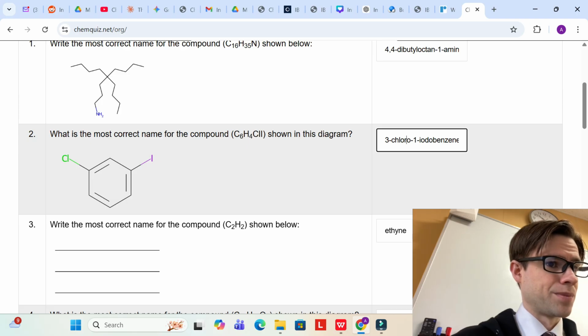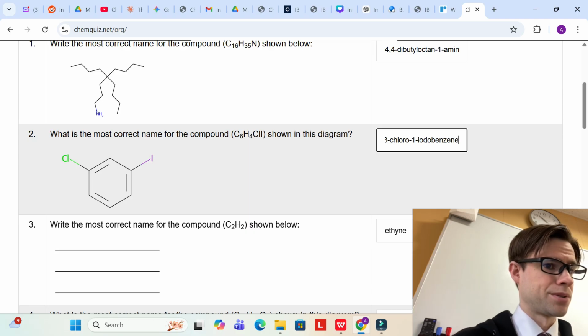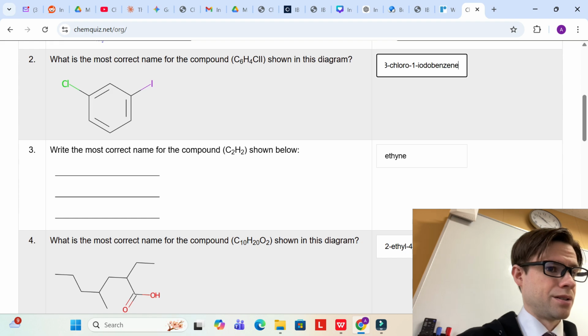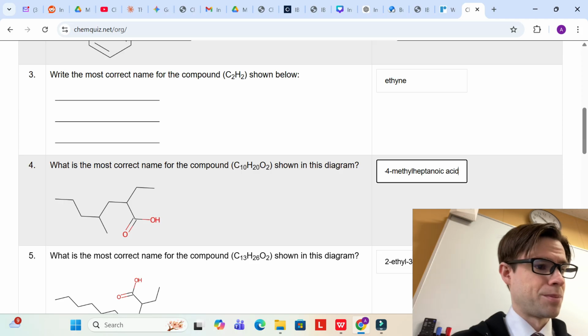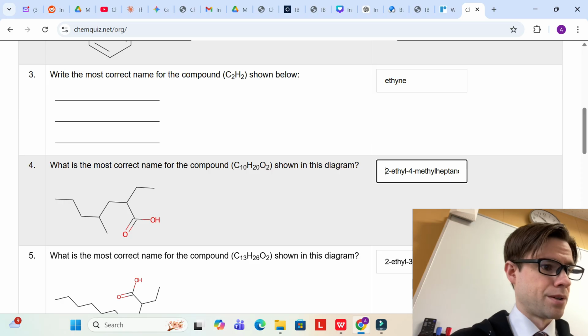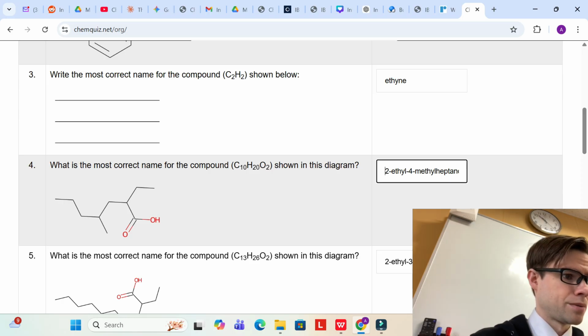It's either 3-chloro-1-iodo or 1-chloro-3-iodo benzene, but I'm going with this. This is just ethyne. Most correct name for this is this 2-ethyl 4-methyl heptanoic acid. 1, 2, 3, 4. Yep, should be.